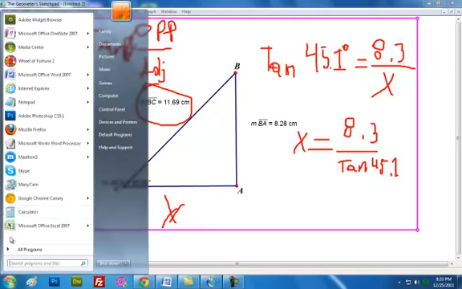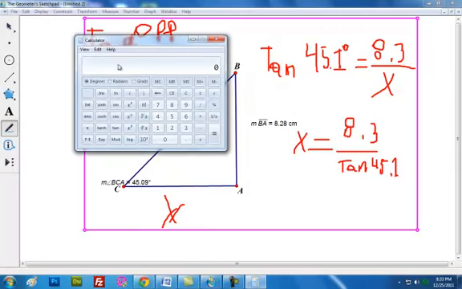And then I can just enter this in our calculator. So we got 8.3 divided by tan 45.1. Oops, I think I did that wrong.